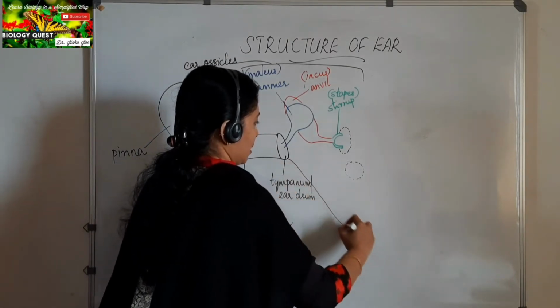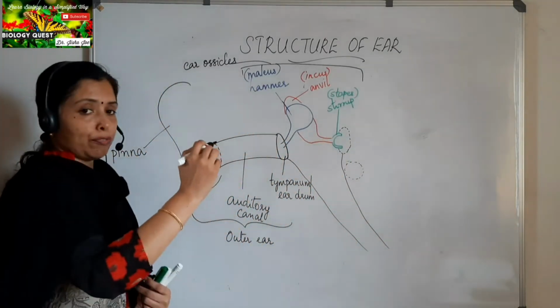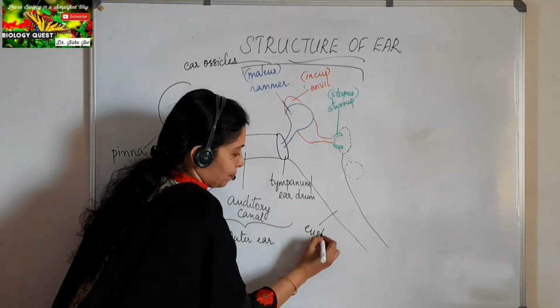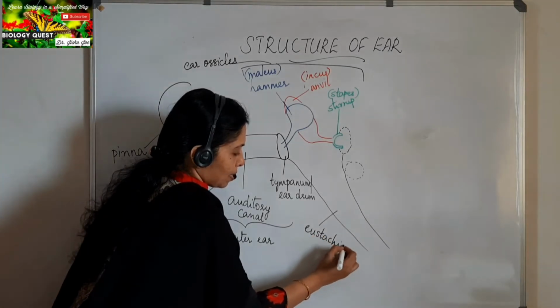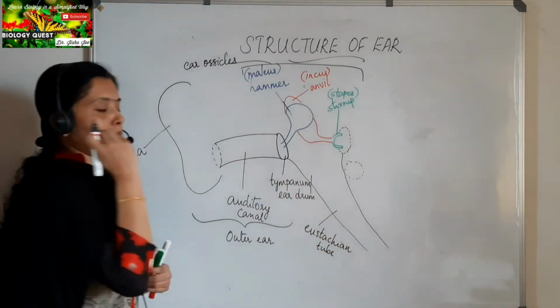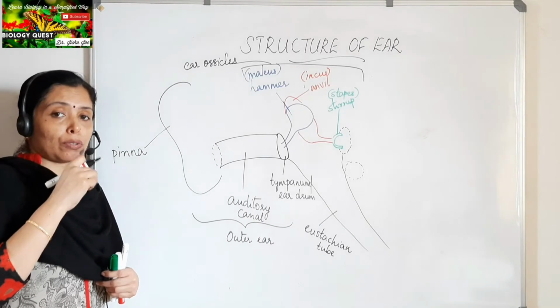The middle ear is connected to the throat by means of a tube which is called as the eustachian tube. Because of this connection, when we pour medicine into our ears, it will flow into our throat, isn't it?